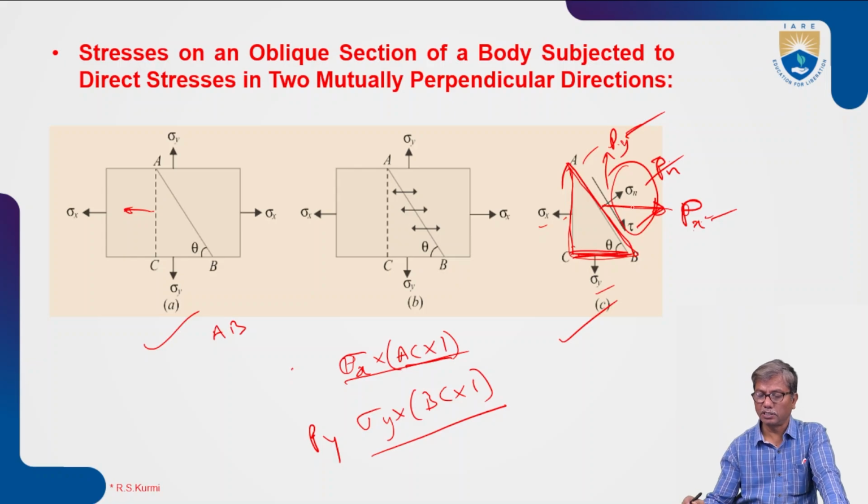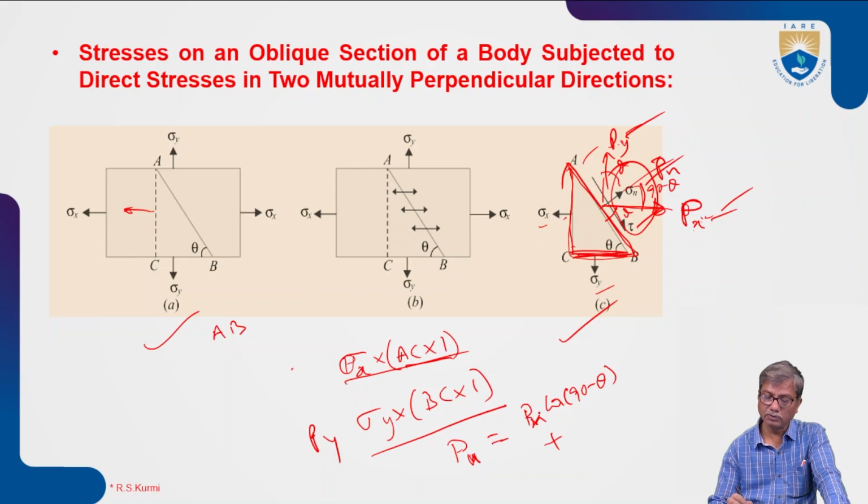So what will be the normal and tangential components? What will be the normal component of the force Px? Here you observe this angle is theta, so this will be 90 minus theta, and this will be theta again. So the normal component of Px is Px cos 90 minus theta.